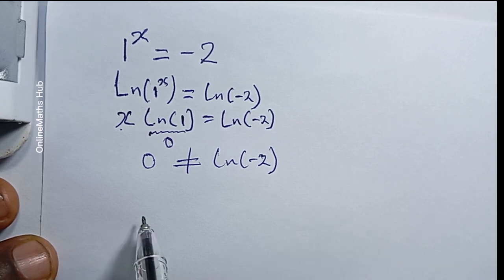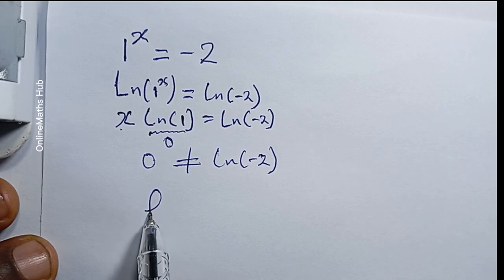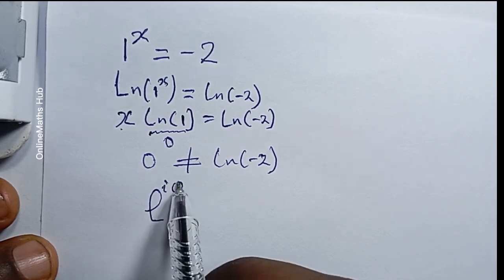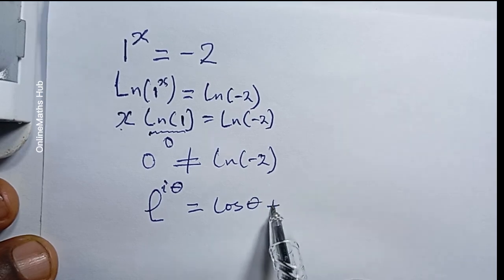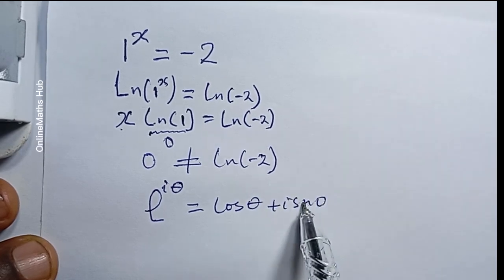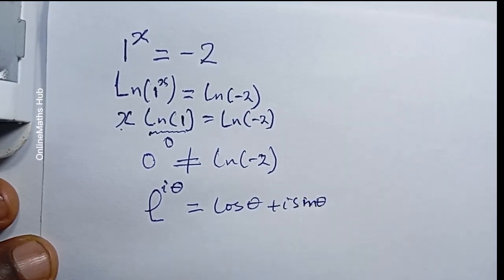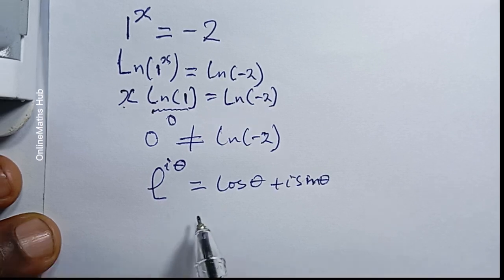If you remember the polar exponential equation, e to the i theta, which is defined as cos theta plus i sine theta, this is also called the Euler formula.